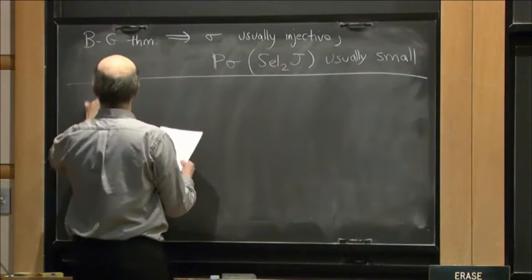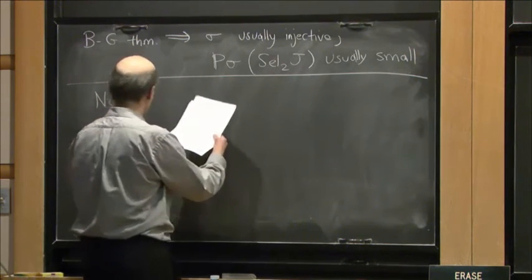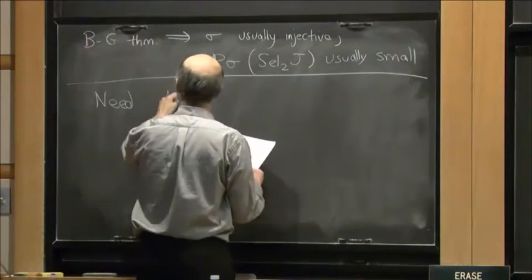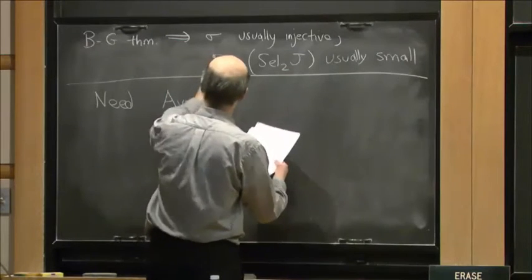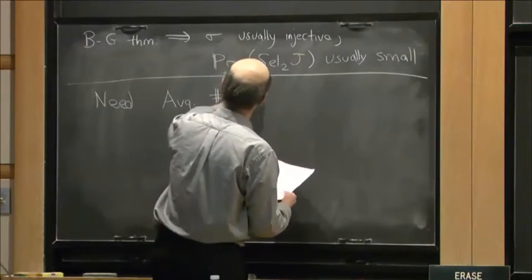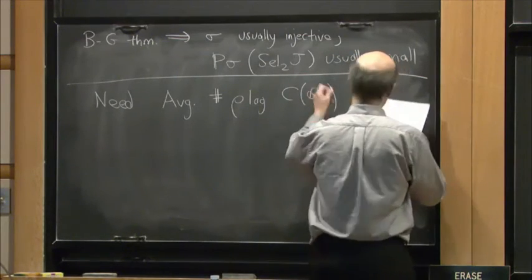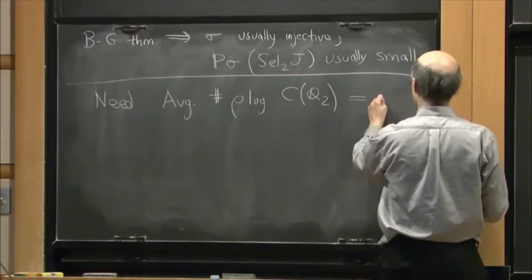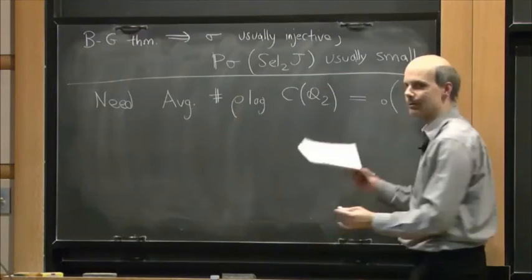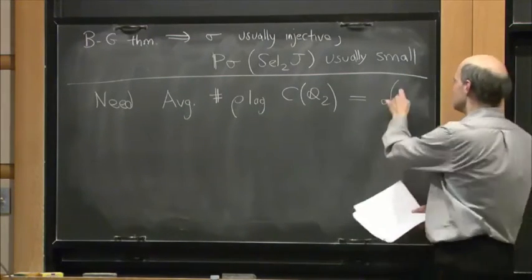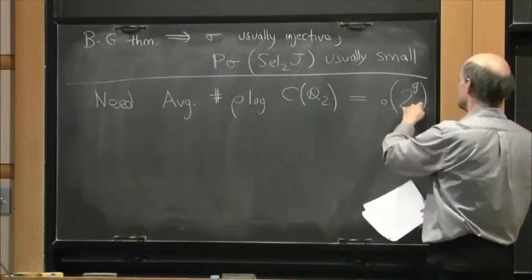So what remains to finish the proof, there's only one thing we need now. It's that the average size of the image of the curve under this rho log map needs to be small compared to the size of the whole space, so that 3 random things are not going to hit it. So we need this to be little o of p to the 2g.